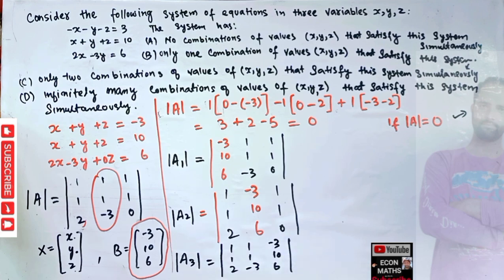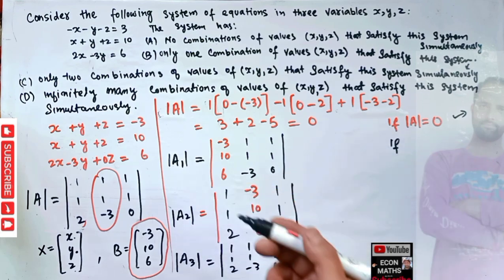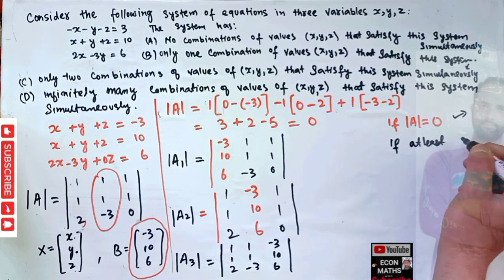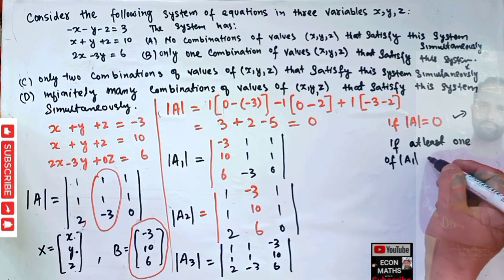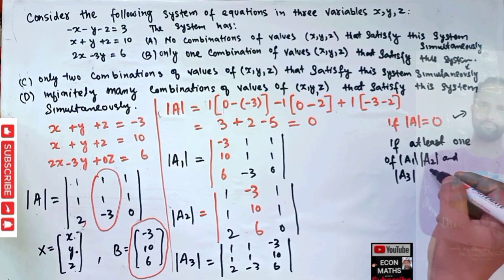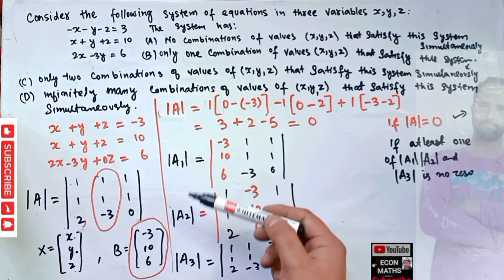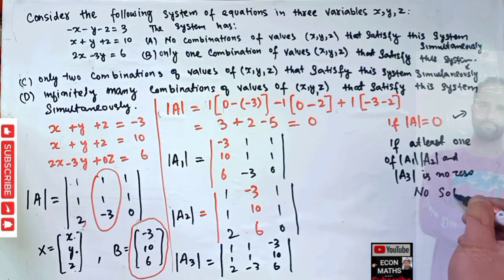Okay, now if I write here, what we can say is, if at least one of a1, a2 and a3 is non-zero, that is, if the determinant is equal to 0, which is the case here, and at least one of these a1, a2, a3 has a non-zero determinant, then we have no solution.